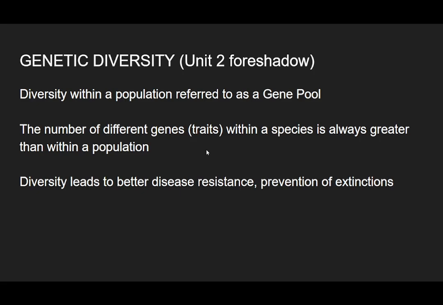Alright, genetic diversity, as a unit to foreshadow, it's diversity within a population, and basically that's referred to as a gene pool. The number of different genes within a species is always greater than within a population. I think that just makes sense for everybody. As a human being, let's just say a species, alright? Let's say I'm Asian, so I'm going to be like, hey, Asians.